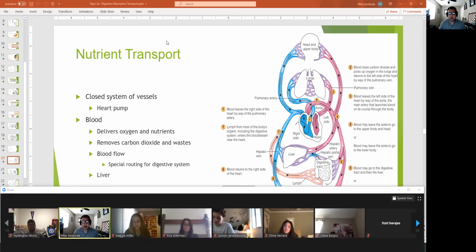But what you should know about blood and nutrient transport is that your primary blood vessels, your arteries and your veins, are only carriers. They aren't diffusers.